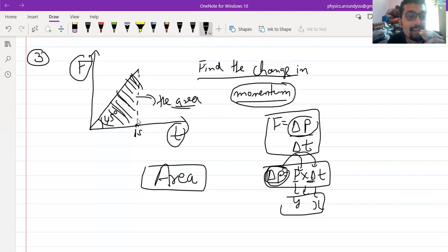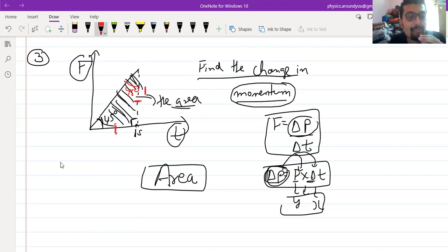So what is this area? This is a right angle triangle. One of the angles is 45, so the other angle should also be 45. Sides opposite equal angles are equal. So this side is equal to this side. So what is the measure of this height? 1.